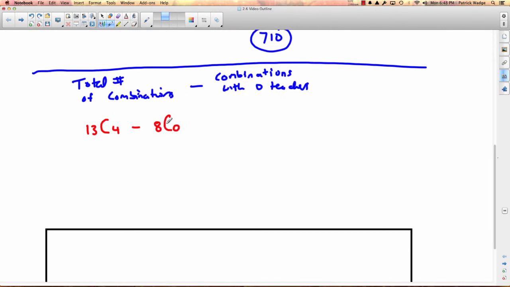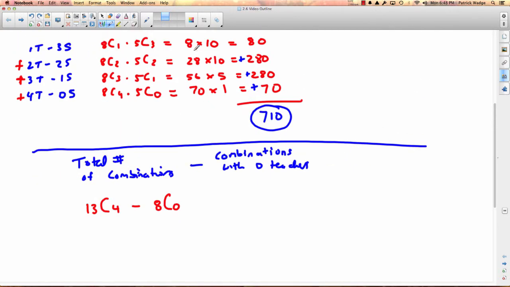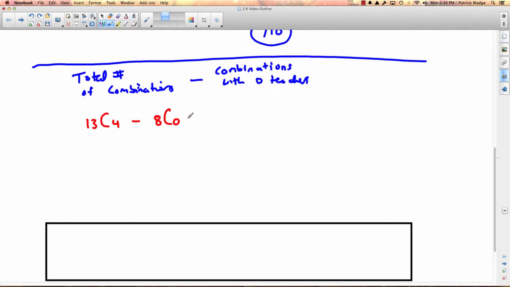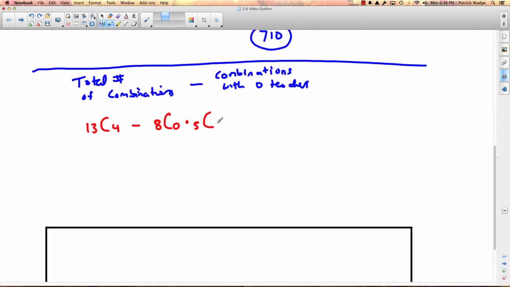So you don't even really need to do that. But what you do need to work with is the students. There were 5 students, and you want to make the whole committee out of students, and there was 4 people on the committee. So 5 choose 4. Okay, 13 choose 4. Using my calculator, I could find that that's 715.